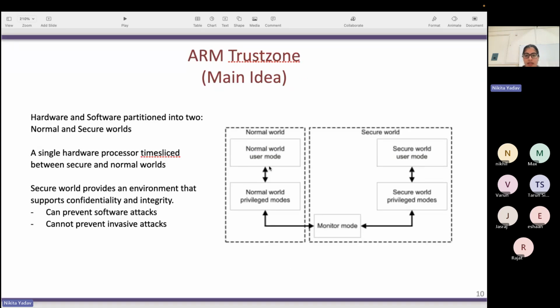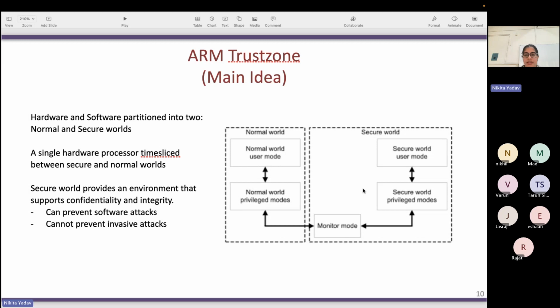Your normal Linux OS is running in the normal world privileged mode, and your applications are going to run in the normal world user mode.